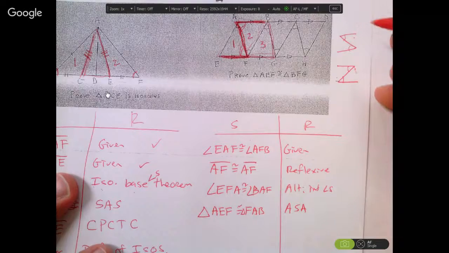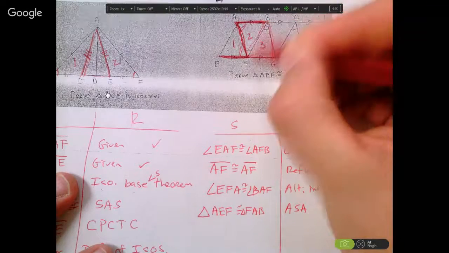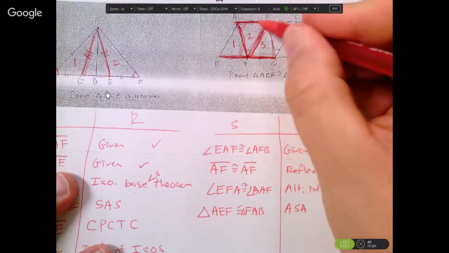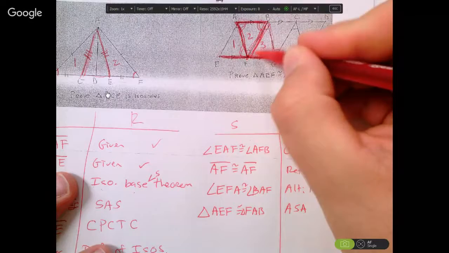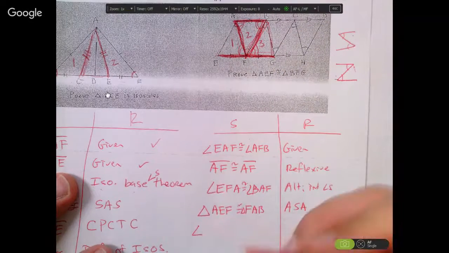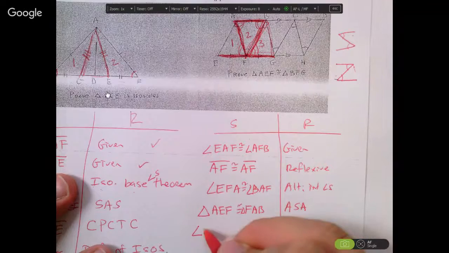That C would be from A to B, B to F, and F to G. So that's going to say that this is congruent to that. So what's that angle? That angle is BFG.